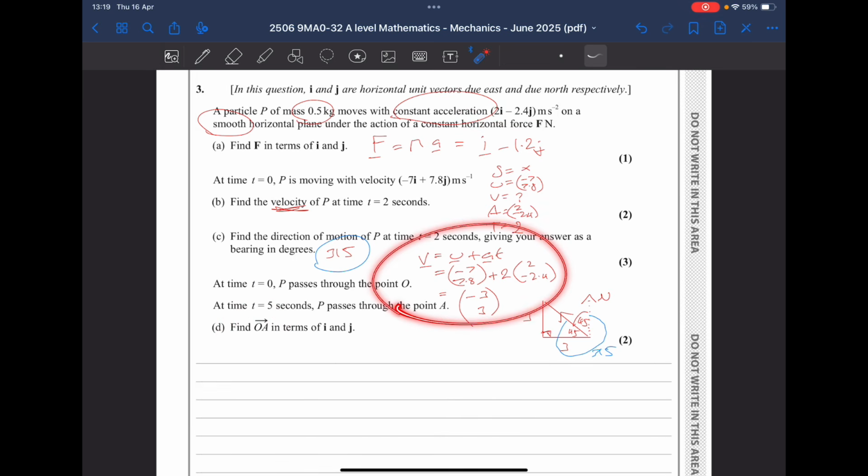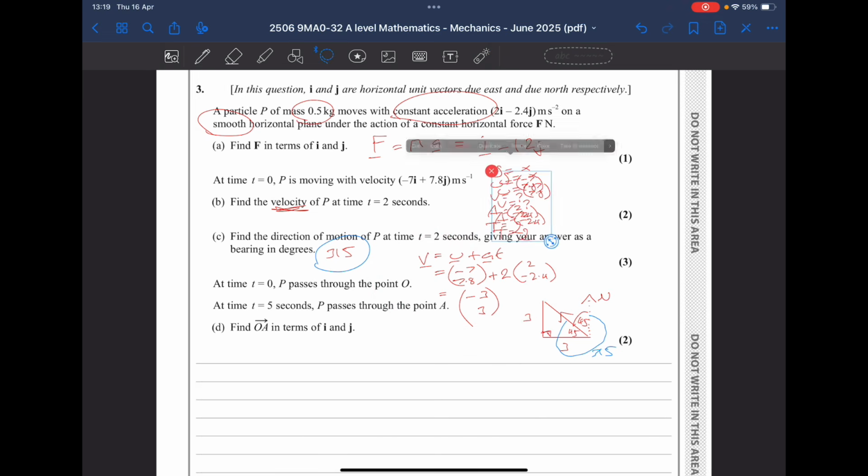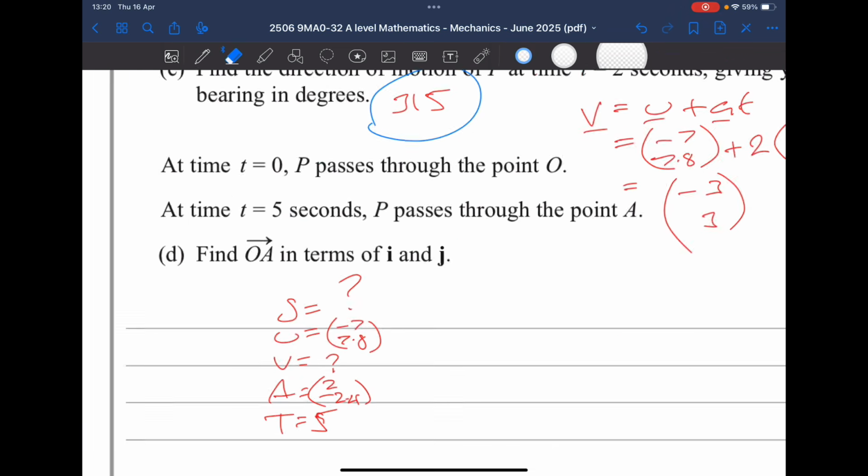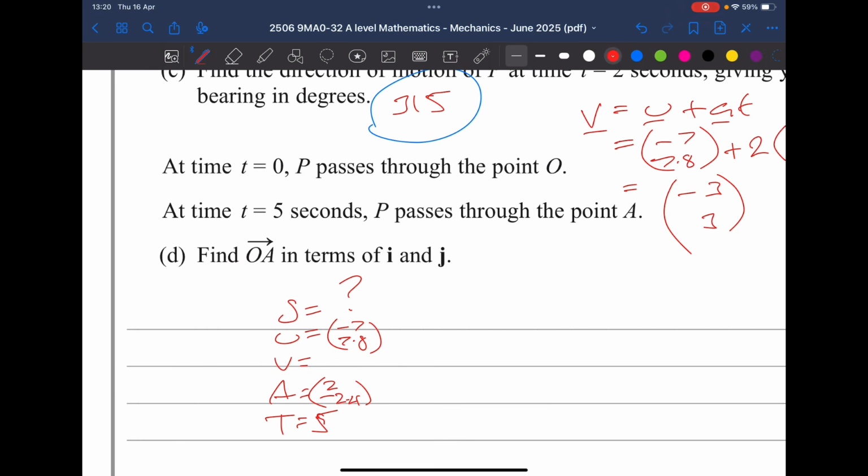So using a very similar one to this SUVAT equation, in fact, let's just copy it over. But now our time is going to be 5, not 2. So we can rub that out, put a 5 in, and realize that in this case we're looking for the displacement and not the velocity.